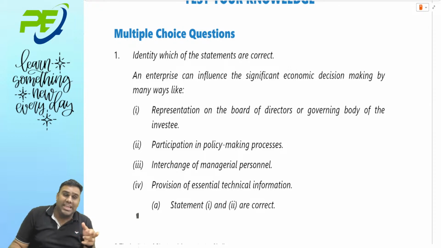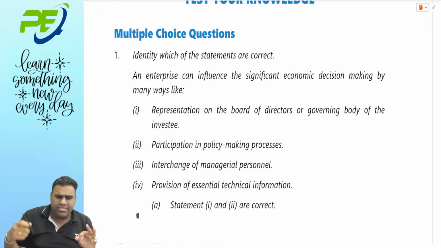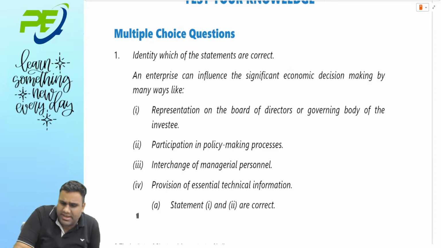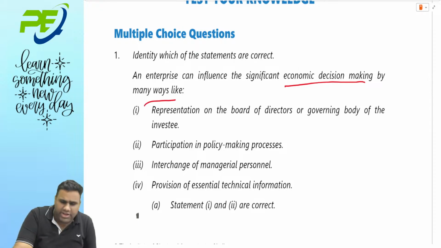Which of the statements? Statement 1 and 2. Okay. So an enterprise can influence the significant economic decision in many ways like representation on the board of directors, governing body, participation in policy making.